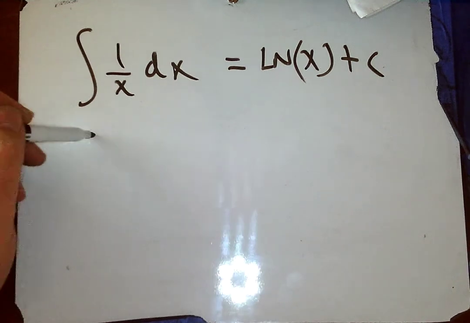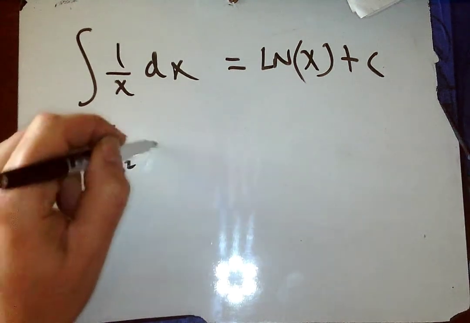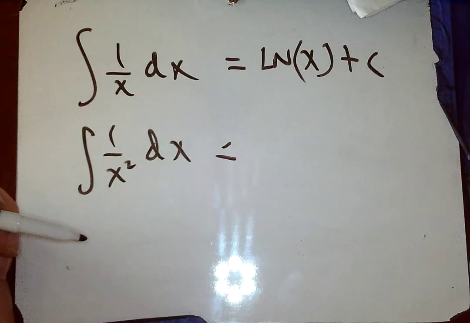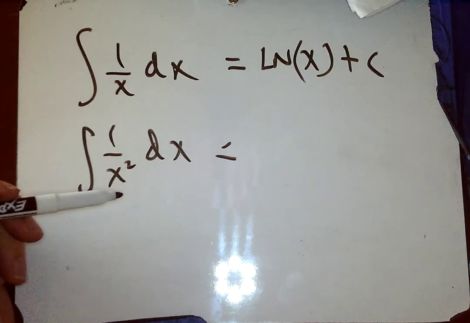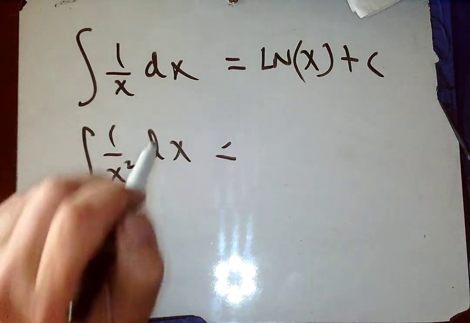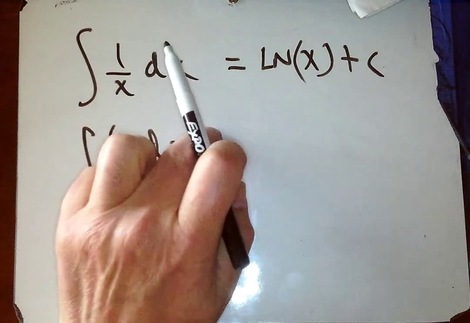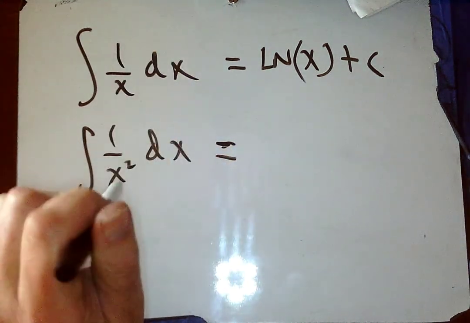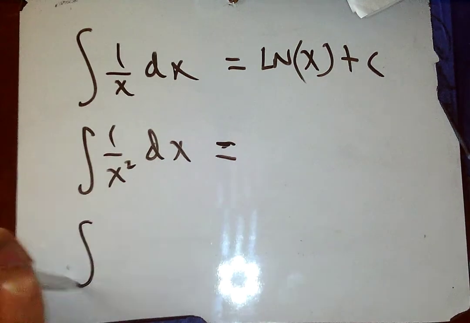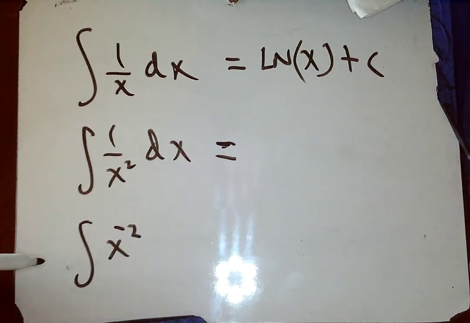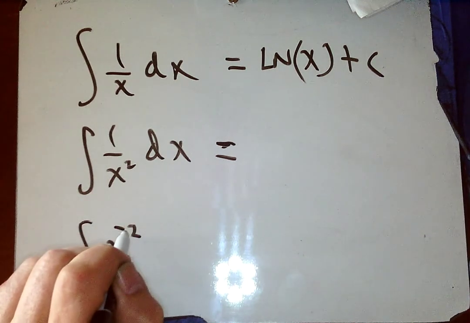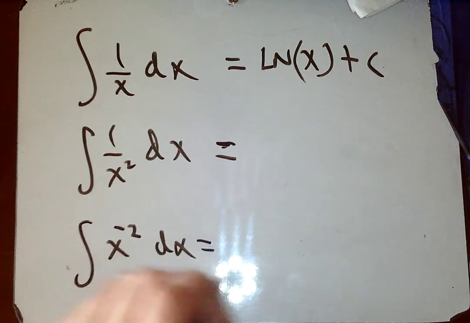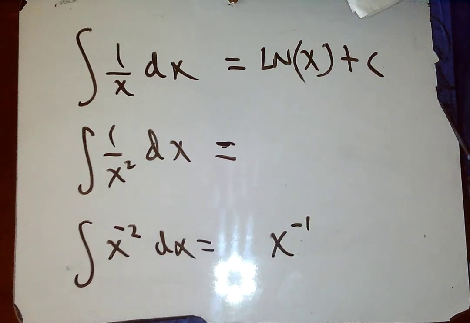Great. How about this one? Integral of 1 over x squared dx. 5, 4, 3, 2, 1. Now, this one's a little harder, and I understand if you were nowhere near being done when I got to 1. Think about this way. Okay? This is that power function kind of thing. I can add 1 on top, and so now I'm going to have x to the minus 1. Right?